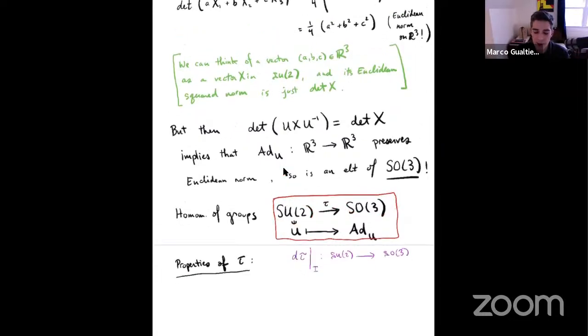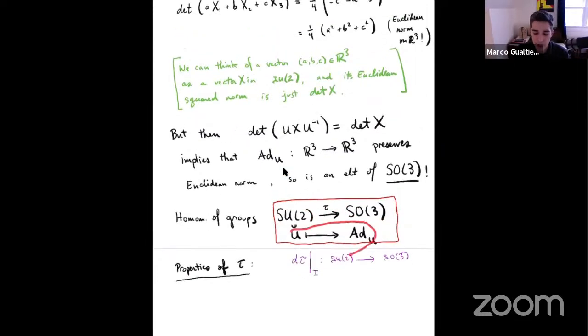And this is how the homomorphism is described. Every matrix U in SU2 has a conjugation operator, big Ad U. And what does this act on? You tell me. What does Ad U act on? This is an operator. It's a linear operator on a vector space. The question is, which vector space does this act on?